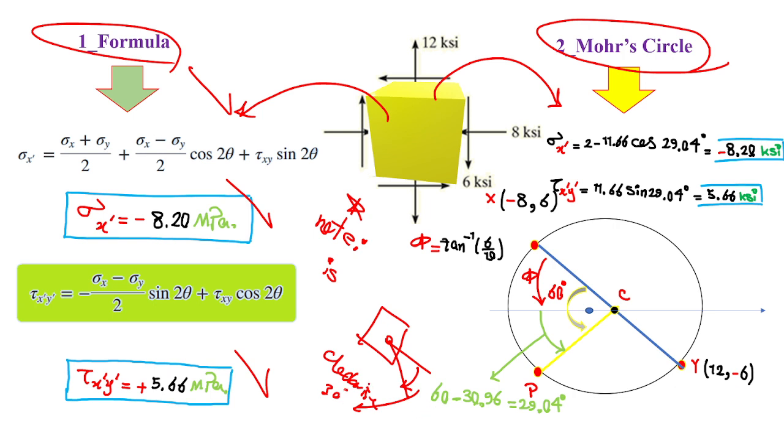You can simply replace that with a negative 30 degrees if you're using the formula. This time it's better to use the formula, just replace in the formula minus 30, 2 times 30, and don't forget about the signs to get the stresses.